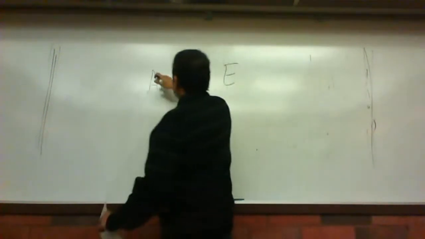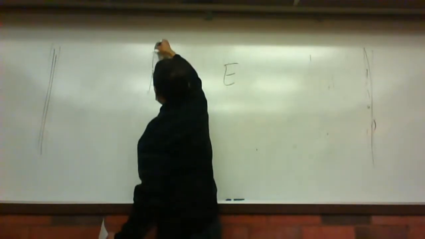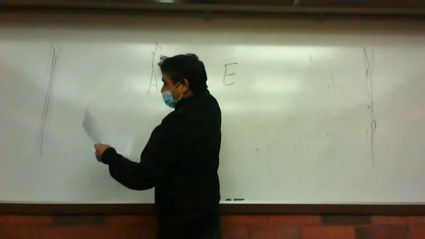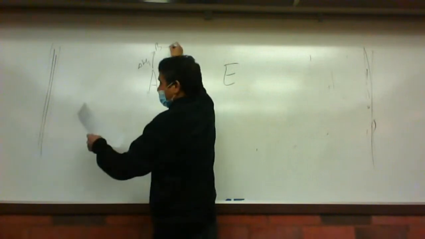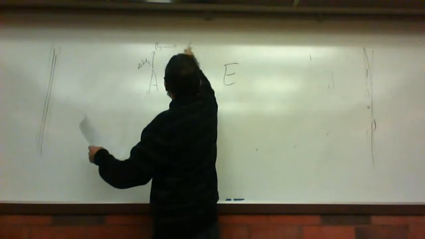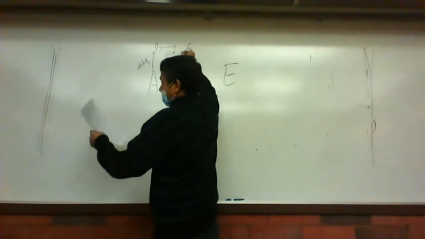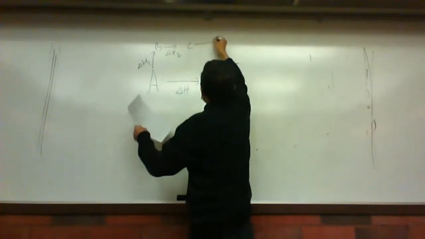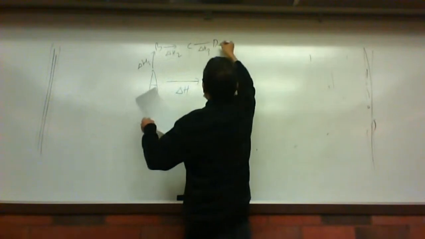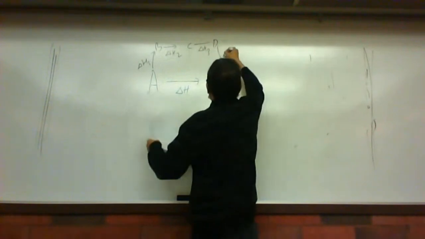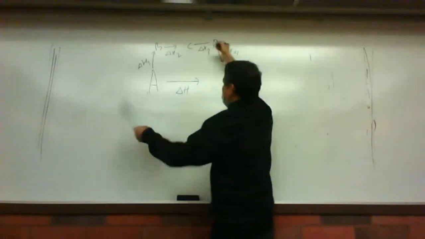Now you can convert A to B and measure the heat. How much heat change did you get? Delta H1. And then convert B to C. How much heat change from B to C? Delta H2. And then convert from C to D. How much heat change from C to D? Delta H3. Now convert D to E. How much heat change? Delta H4.